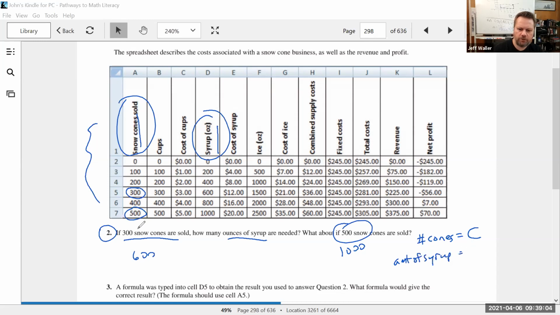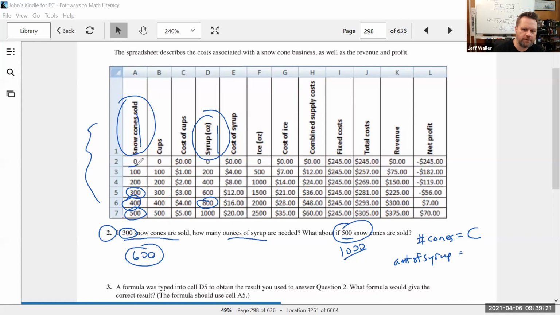What seems to be true? When I want 300 snow cones, I need 600 ounces of syrup. When I want 500 snow cones, I need 1,000 ounces. When I want 400 snow cones, I need 800 ounces. So what seems to be the connection?